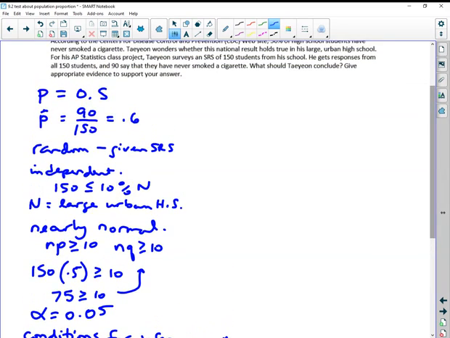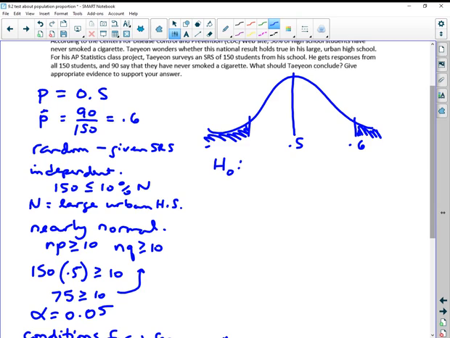So we were looking at this situation. In the middle, we have our parameter right here, and we went out there and got that statistic, which would lead us to this tail on our normal curve. But since we were testing difference, we're also going to have to look at the lower side as well. So let's write our hypotheses.